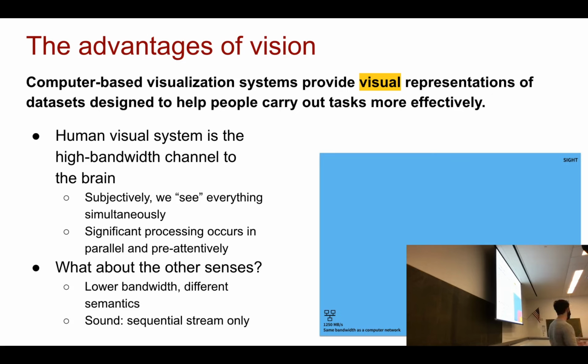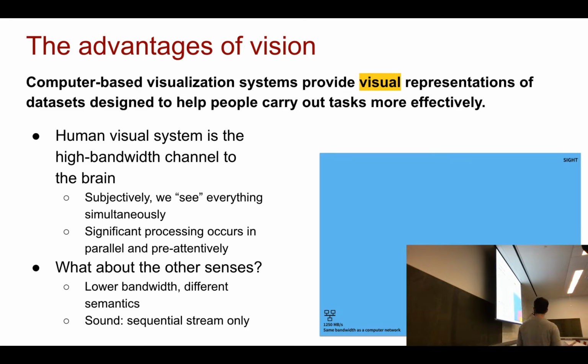Compared to our next highest bandwidth sense, which is touch, it's an order of magnitude more information. So we take in 10 times more visual information than tactile information.